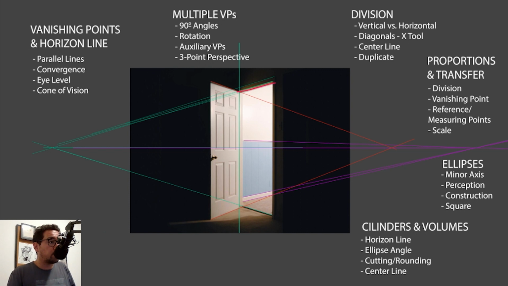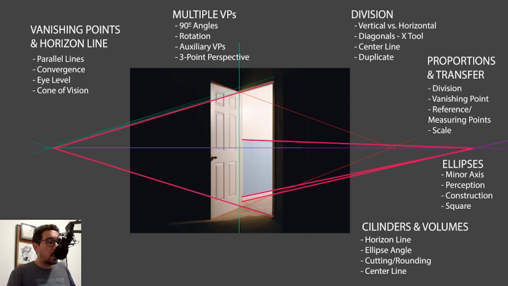So the top of the door frame as well as the bottom of the door frame will converge to the same vanishing point, as well as the lines from this wall back here, because all the lines that are on the wall are parallel to each other.